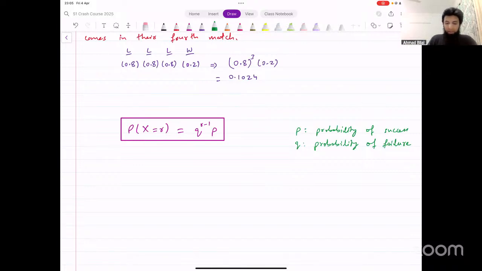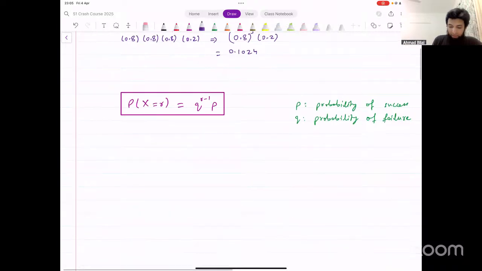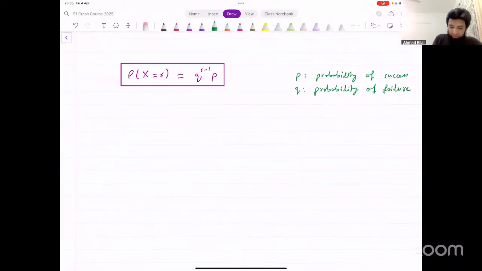Okay. Now, what about x? What does x represent here? x is the number of trials or the number of attempts needed until the first success.